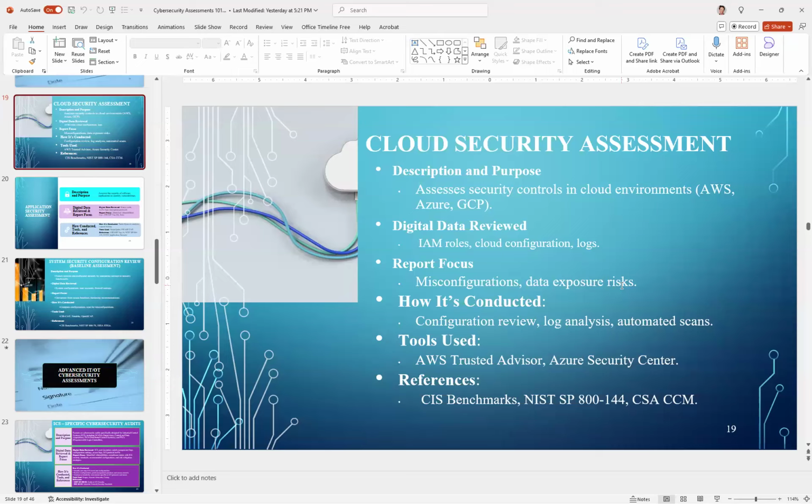You're going to report misconfigurations, data exposure risks. It is conducted by configuration review, log analysis, and automated scans. AWS Trusted Advisor and Azure Security Center are some of the tools that are used, and your references are CIS Benchmark, NIST SP 800-144, and CSA CCM.